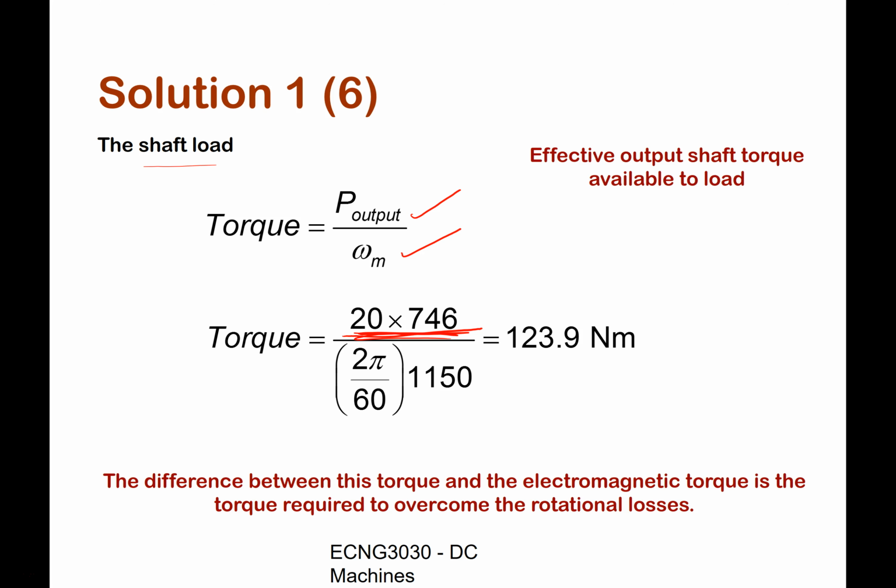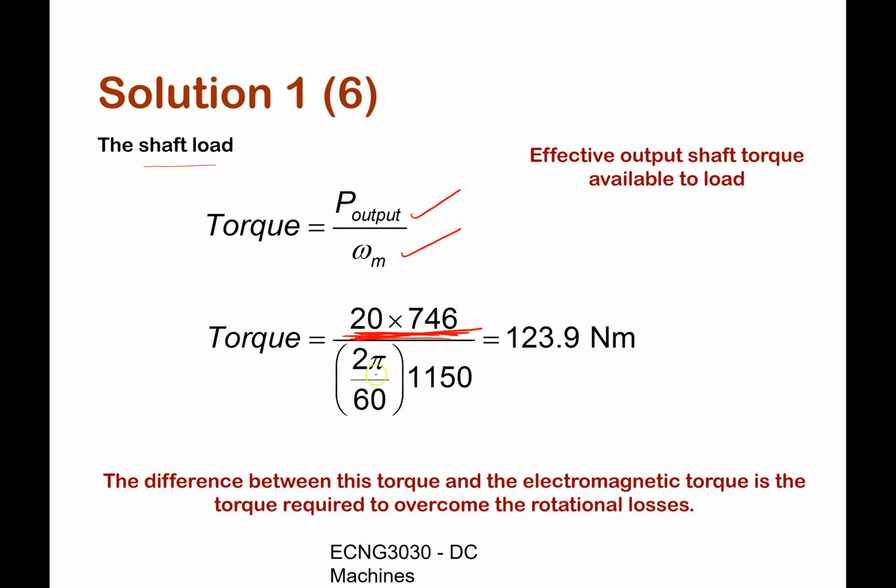Remember, the total torque produced, the electromagnetic torque produced, some of it goes into overcoming friction and windage. So some of the torque will be used there. And then the remaining torque is the 20 horsepower. So this is the one that we talk about when we talk about the shaft load.